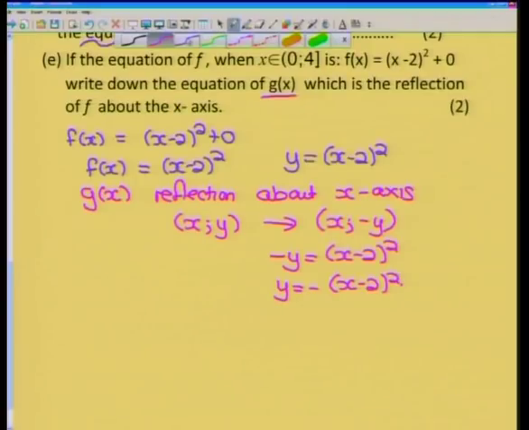Now the question is, there was a restriction on our domain. They said between 0 and 4. Now, will this change in any way? Well, no, because we're reflecting about the axis, and only the sign of y is changing. So that means that restriction of x an element of 0 to 4 will happen the same way for this particular graph.